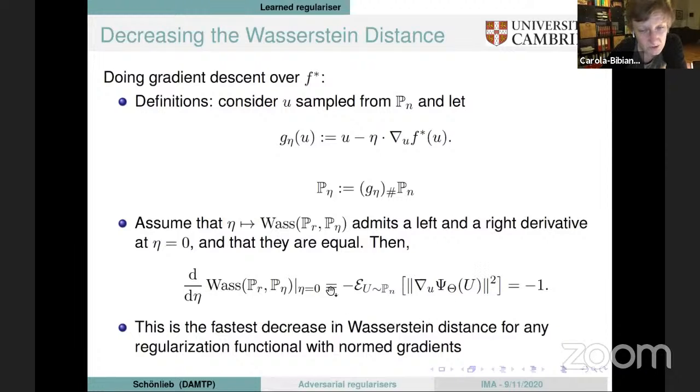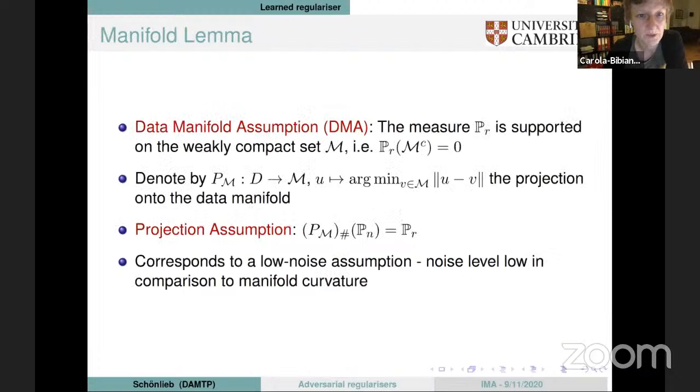So what you show here is that this is going in a direction that decreases this Wasserstein distance between P eta and PR. So you're getting closer to your distribution of ground truth images. One issue, but I don't have time, is to iterate this argument. But this is at least the first confirmation that this might be good.